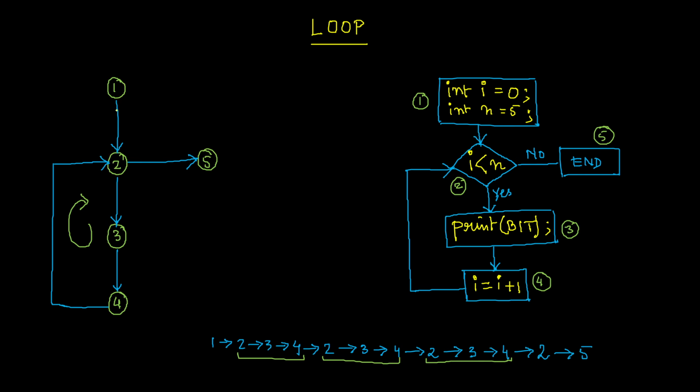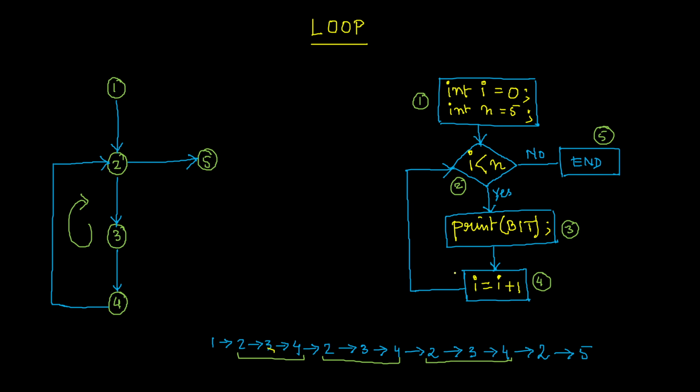According to the execution, I can see node number 1, then 2, then 3, 4. Before executing 2, you cannot go from 1 to 3 directly, right? So that means before you enter the loop, the gate must be opened. If the gate is closed, for example, when I was 6, 6 lesser than 5, false, that means closed.